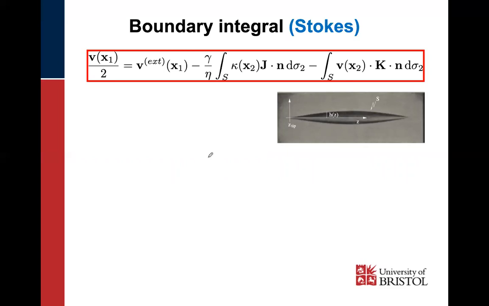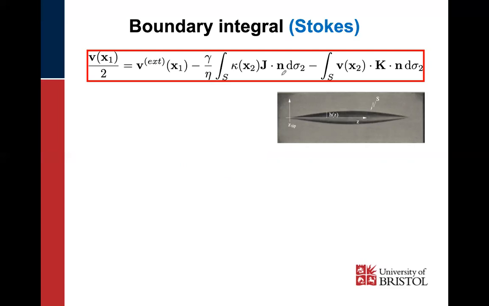Just very briefly on the logic of these boundary integral calculations. The velocity field is only calculated on the surface of a shape. That's this integral over S. And the velocity on the surface is represented as an external flow. That's the external drive, like a roller.